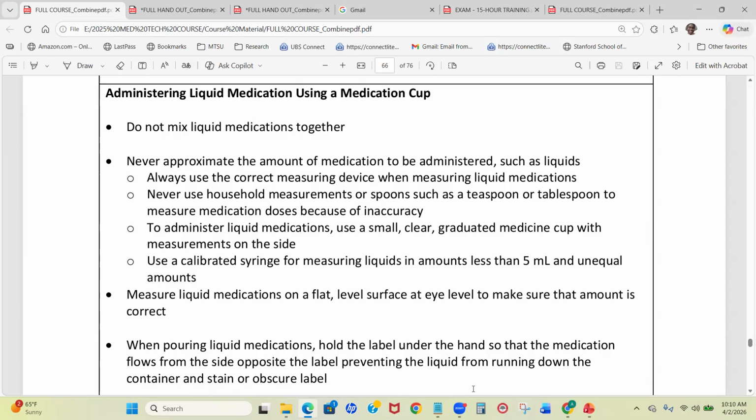Never approximate the amount of medication to be administered. It says 0.5, so you are going to make it up to 1 ml? No, don't do that. If it's 0.5, 0.5 is what you get. Most of these liquid bottles come with a special syringe. Make sure you are using that special syringe.